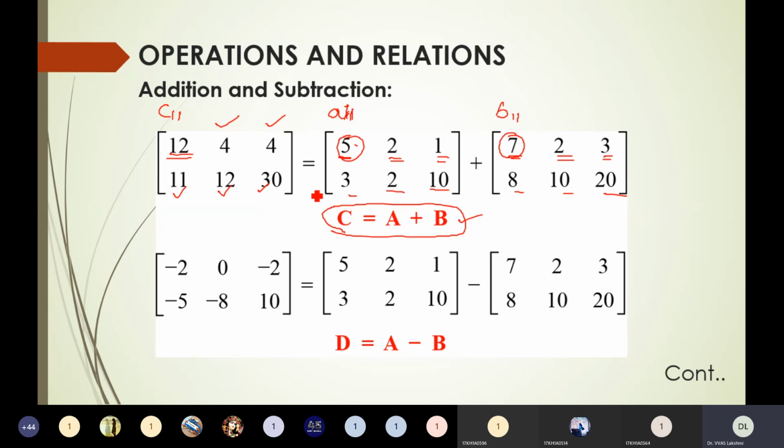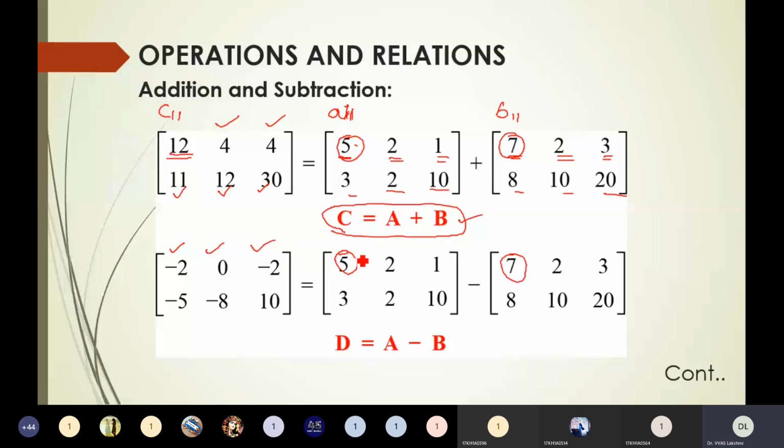And here also subtraction, A minus B. So the element in the second matrix is subtracted from the element in the first matrix, and we will get the resultant matrix. Here 5 minus 7, that is minus 2. 2 minus 2, that is 0. 1 minus 3, that is minus 2.